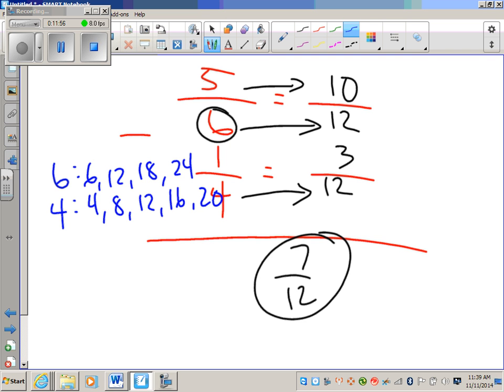What's the first one that you see that they have in common? There it is. For 6 and 4, that's why we got 12. And that's why I say if you start with the bigger one, you count by 6s, and you start with 6. Is 6 a multiple of 4? Do we see 6 here? But the next one up from 6 is 12. 12 also works for 4. Okay?